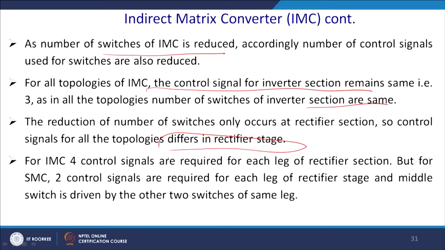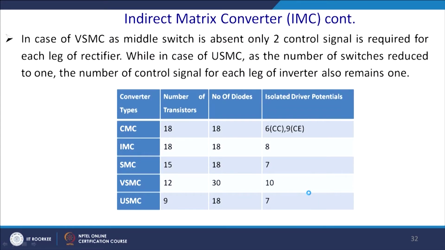In IMC, 4 control signals are required for each leg of the rectifier, but in SMC 2 control signals are required for each leg of the rectifier stage, and the middle switch is driven by the other 2 switches of the same leg.